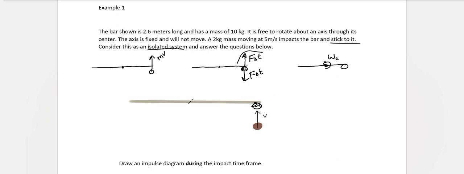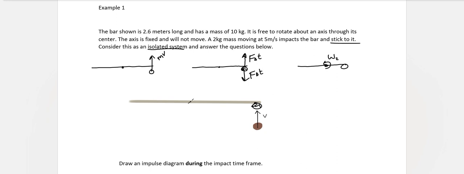This is an internal force and is not going to change the net momentum of the system. But usually when we're talking about impacts, even though those are internal forces, it's sometimes handy to have them in the diagrams anyway, at least for the sake of discussion.